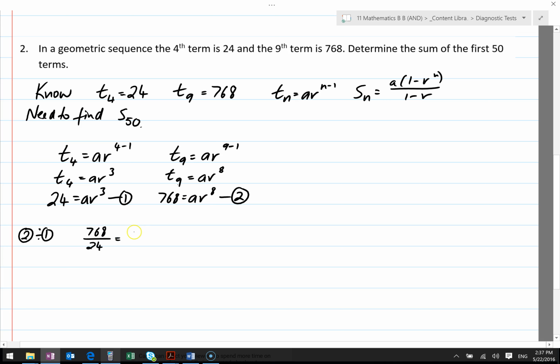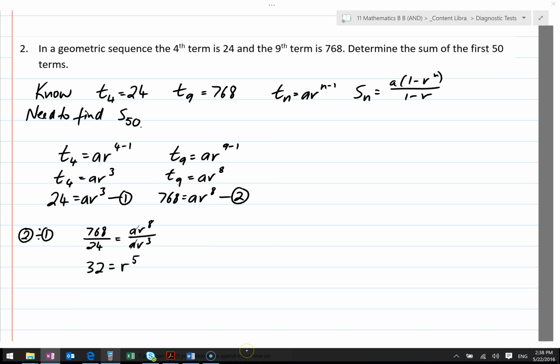And do the same thing with the right hand sides, AR to the power 8 on AR cubed. Doing some simplifications here, if I do 768 divided by 24 on my calculator, I'll get 32. And using my index laws, the A's are going to cancel each other out, and I'll be left with R to the power 5.